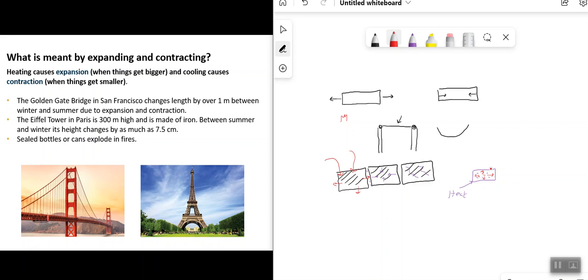They keep expanding until the container buckles, and then it explodes and the gas particles get out. So again, that's another example of how when you heat a substance, be it a solid, a liquid, or a gas, it'll cause the substance to expand.